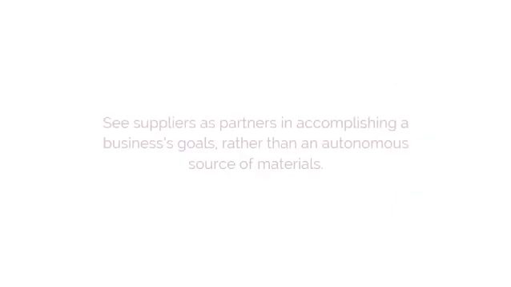TQM chooses to see suppliers as partners in accomplishing a business's goals, rather than an autonomous source of materials. This principle recognizes the interdependencies between suppliers and those they provision. It is useful to have a mutually beneficial partnership with suppliers to improve business capabilities.